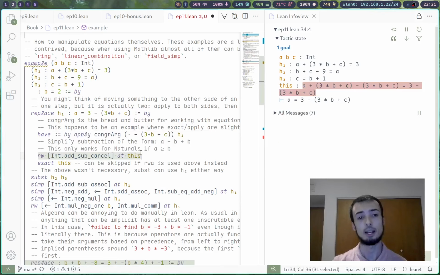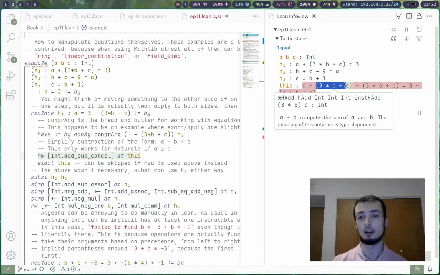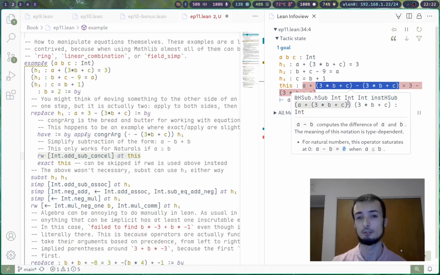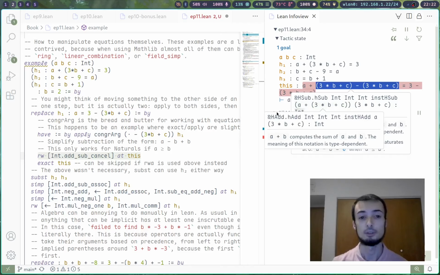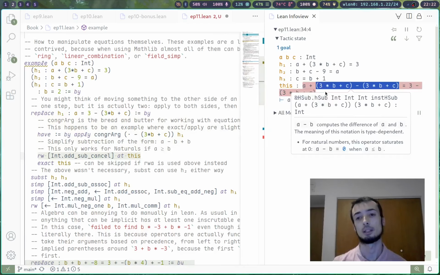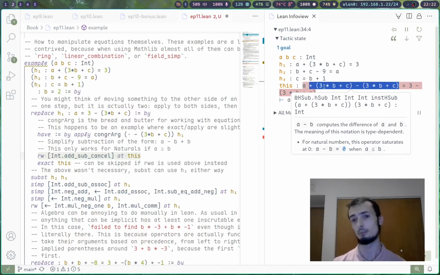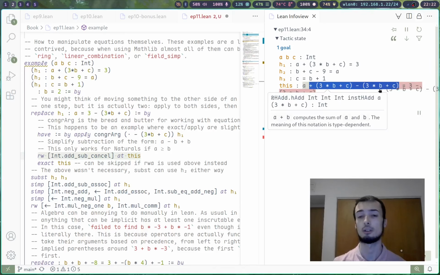If you ever have trouble canceling the operations on both sides, like here, where obviously this expression should cancel to just a, it's usually for a reason. Perhaps you're trying to cancel multiplication and division. Actually, let's just use this example: suppose you're trying to cancel subtraction.